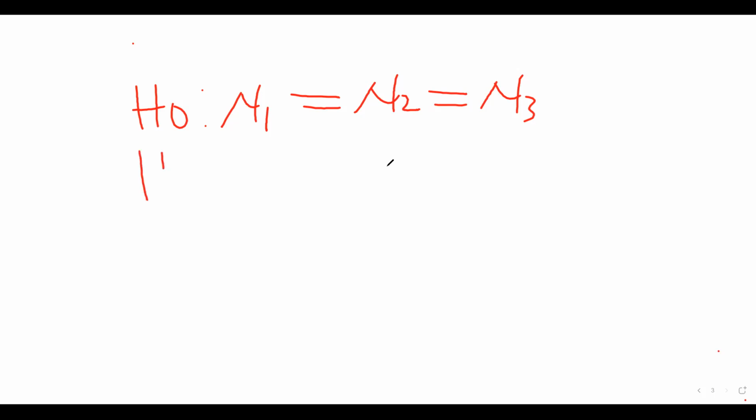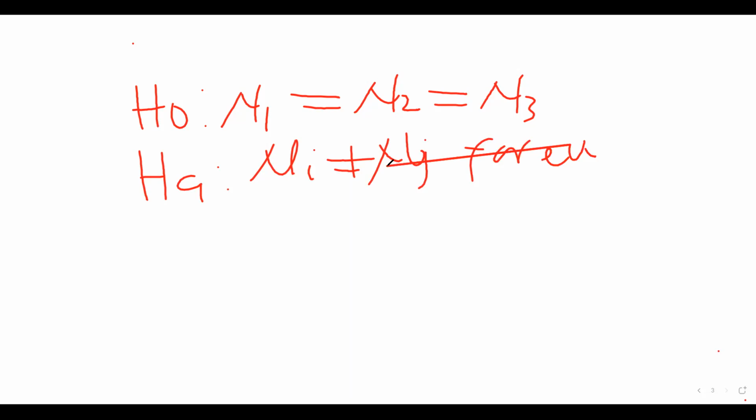Because the alternative should indicate that mu i is not equal to mu j, for every i, j equal to 1 all the way to 3.